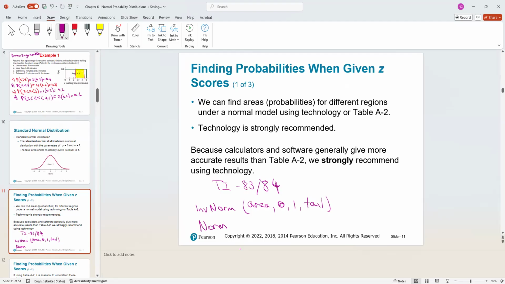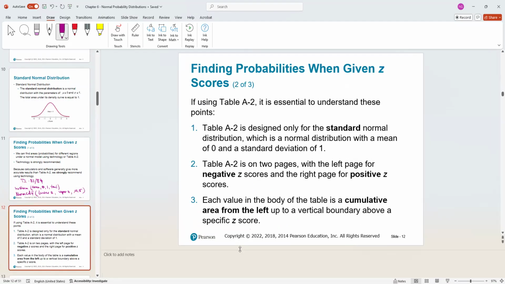You do PDF or CDF, then you enter the lower Z, the upper Z, then the mu and the sigma. We're going to have a chance to practice in a different video how to use your calculator, so look for those videos that I'm going to post.